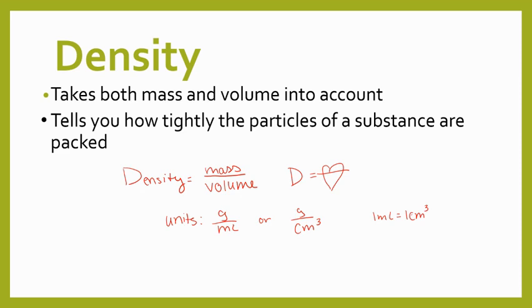So we can use either unit for density. When I was saying those, you should have heard a key word there: grams per milliliter, grams per centimeter cubed. Since we have that word per in there, that tells us that we can use density as a conversion factor. It's all coming together now.